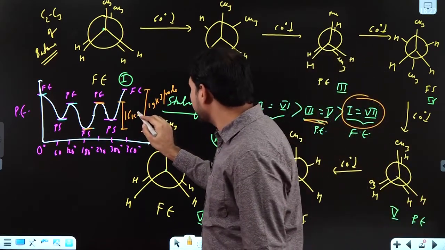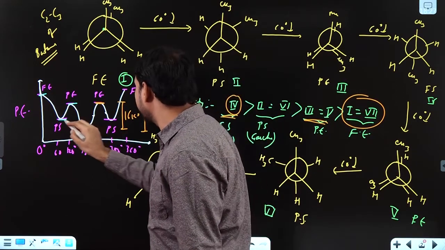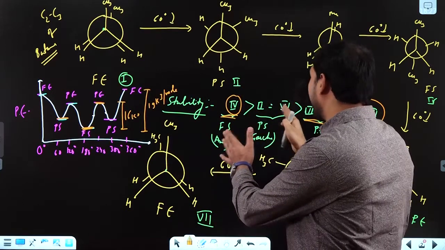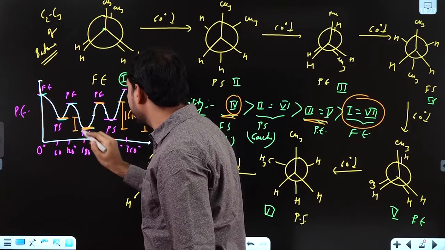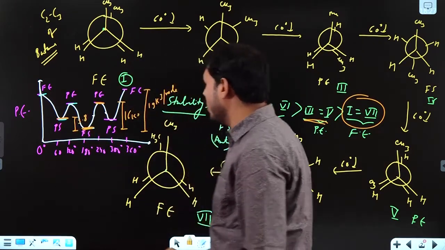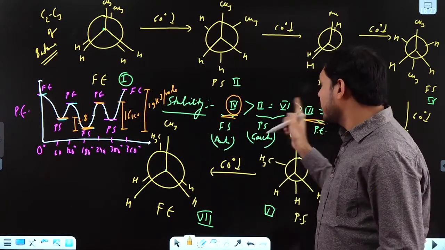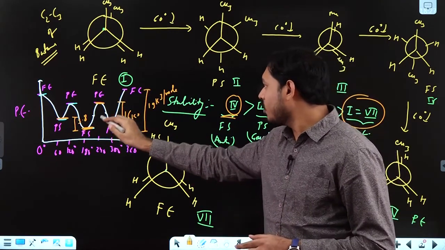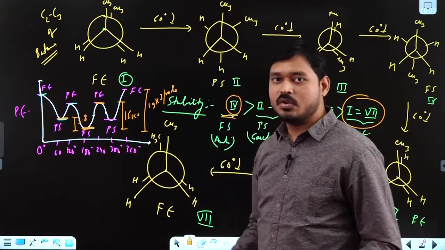Now fully staggered versus partially staggered, they are just a bit apart, so this energy gap will be a little lesser. It is nearly equal to 3.8 kilojoule per mole. Again I am repeating, from most stable to least stable the energy gap is 19 kilojoule per mole, to partially eclipsed 16 kilojoule per mole, and the third one 3.8 kilojoule per mole.